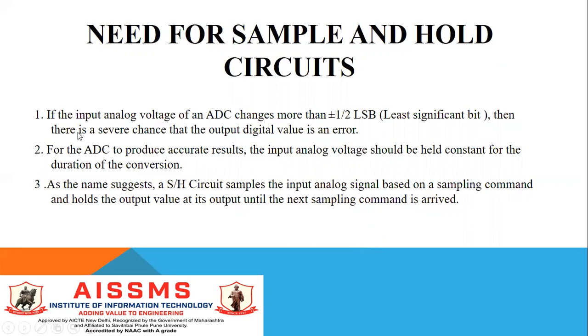In the same way, to produce accurate results, the input analog voltage has to be held constant for the duration of the conversion. As the name suggests, a sample and hold circuit samples the input analog signal based on a sampling command and holds the output value at its output until the next sampling command arrives.